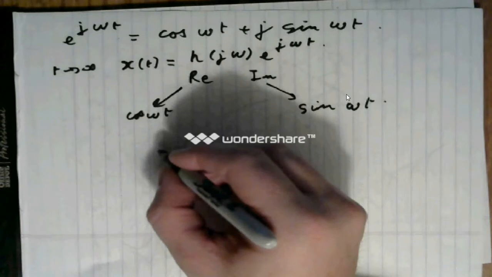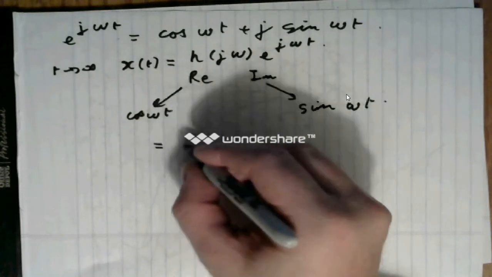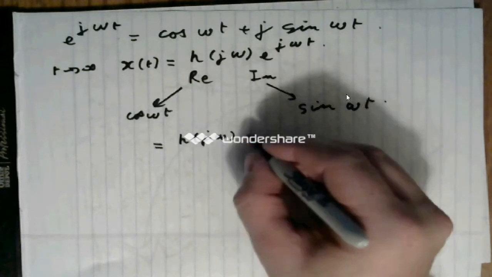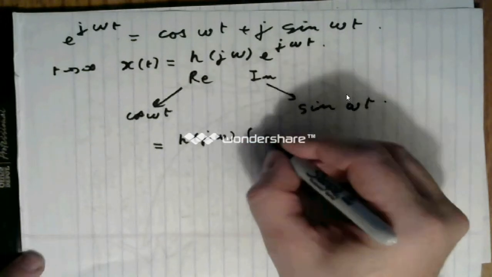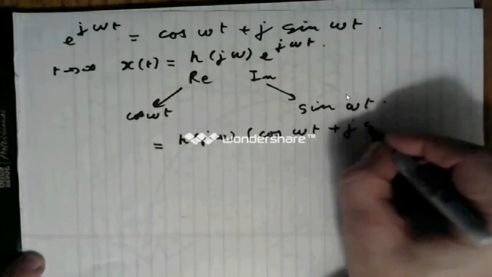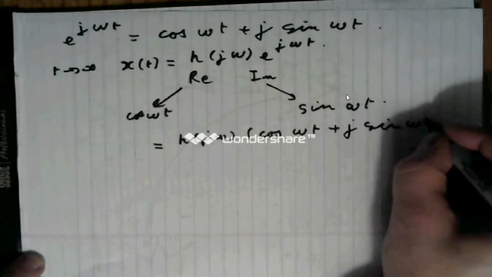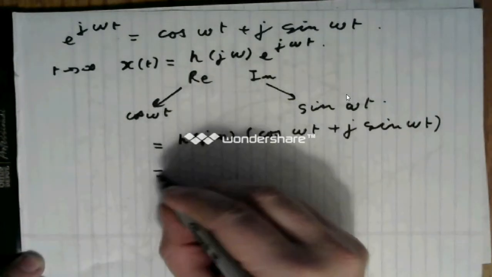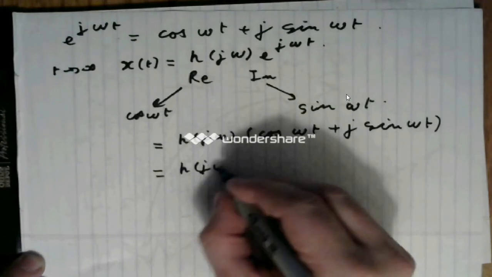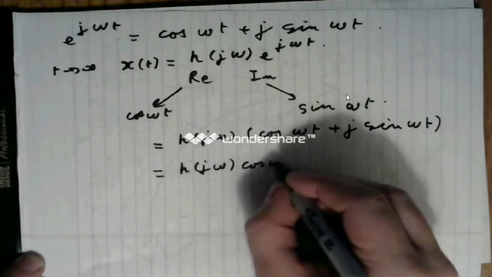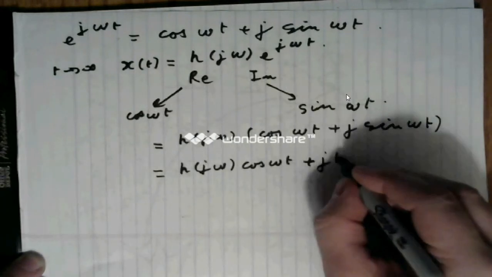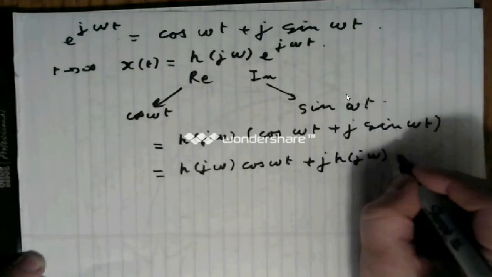In this particular case, what we simply can write is that h of j omega e to the j omega t is equal to h of j omega times cosine omega t plus j times sine omega t, and therefore is equal to h of j omega cosine omega t plus j times h of j omega sine omega t.